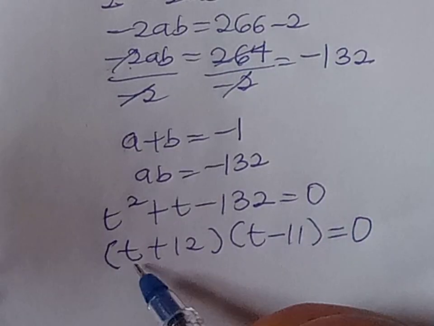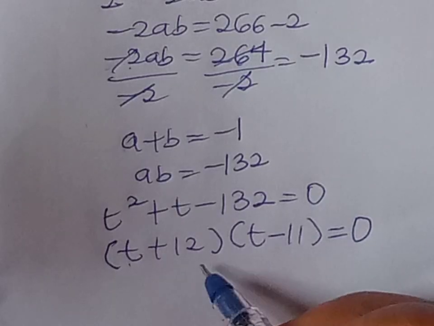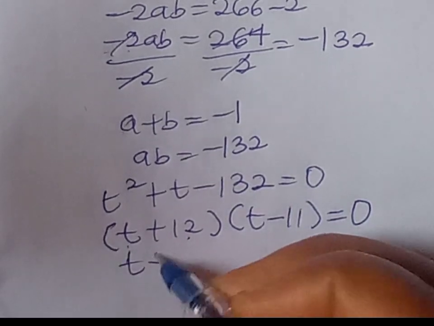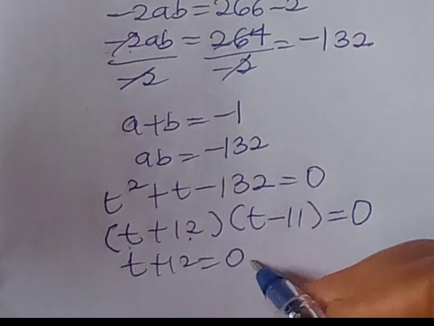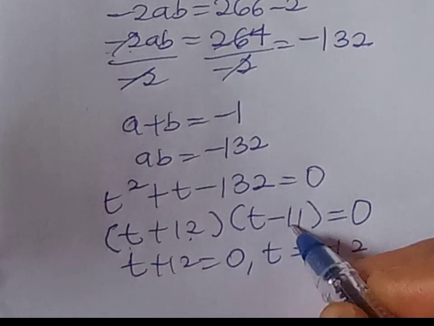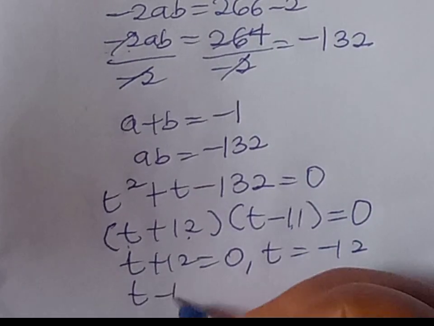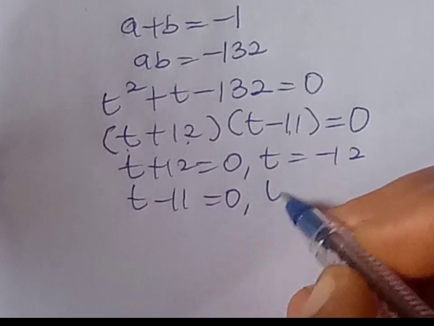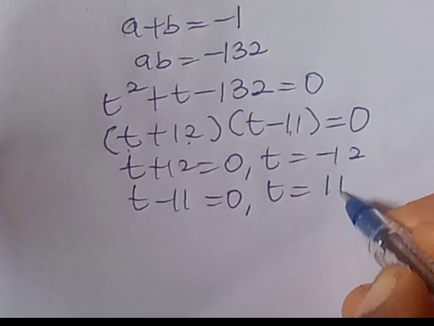That means our t can either be minus 12, because t plus 12 equals 0 gives t equals minus 12, and t minus 11 equals 0 gives us t equals 11.